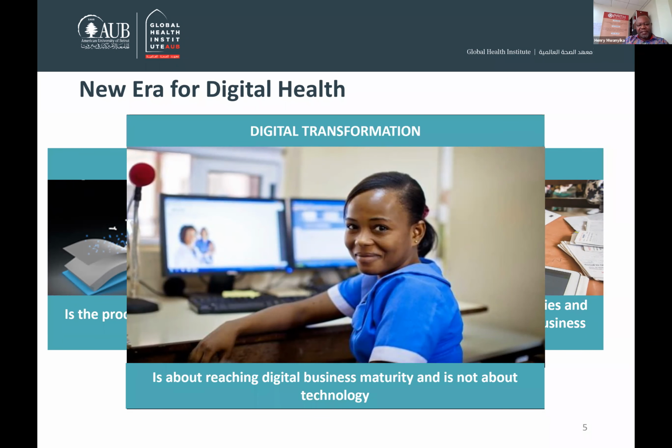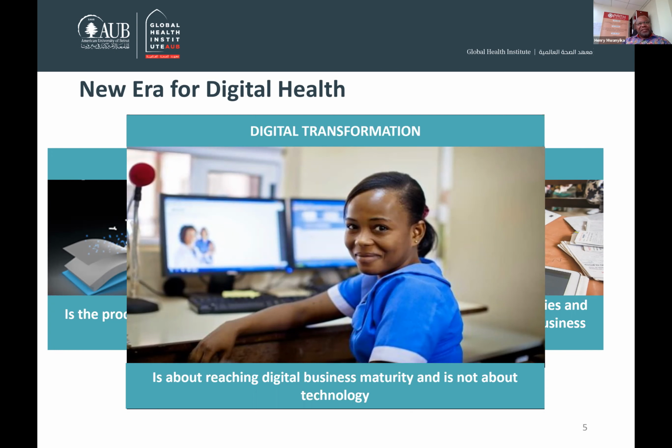So we are moving away from technology and more towards digital business maturity, where we have to look at the culture, the infrastructure, and the way we do business and how that is influenced by digital. So we are moving away from digitalization or digitization. The future is all about digital transformation, where we transform our health delivery in order to embrace digital.